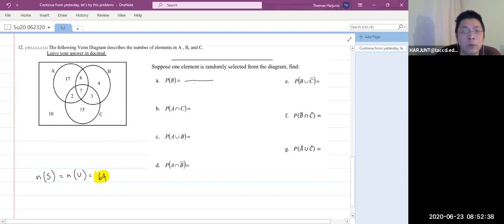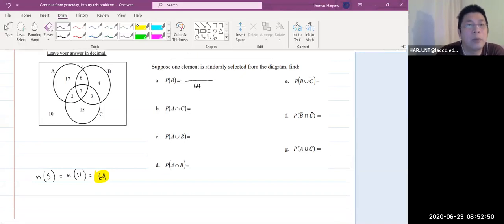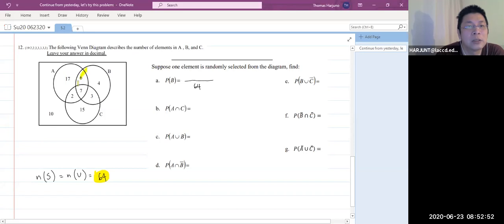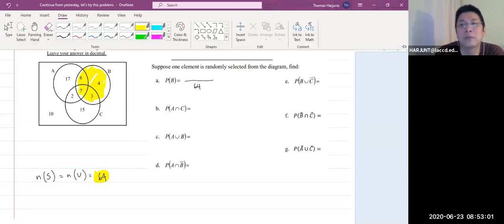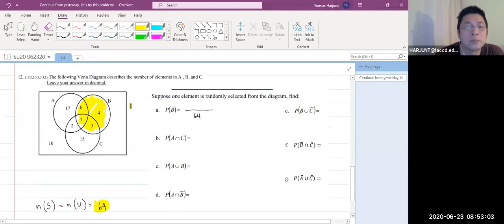Then it will be over 64, because in total there are 64 possible elements to be selected from, each one of them equally likely, and the probability of getting B will be the total number of elements in B divided by 64, right?